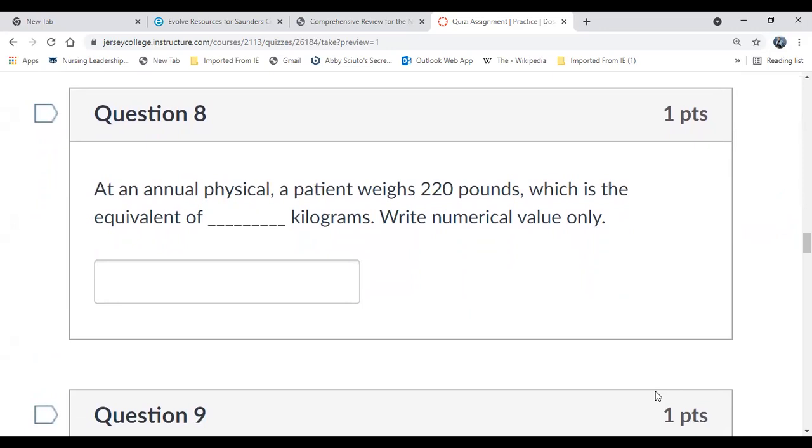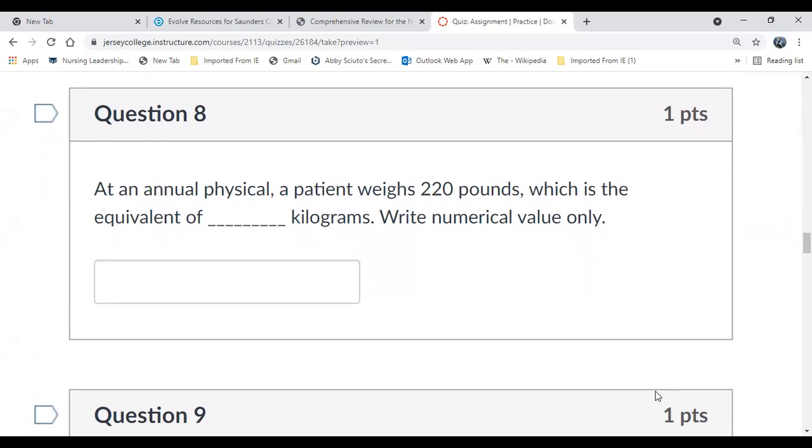Okay, this one here, we have a patient who has an annual physical and they weigh 220 pounds and they want us to convert it to kilograms. So a good way to remember this is that ladies always like to be weighed in kilograms, not pounds.